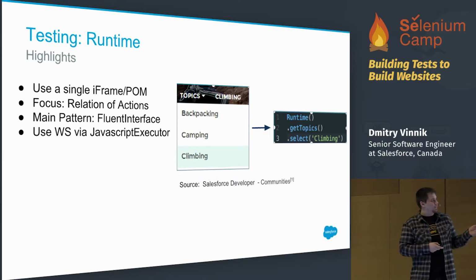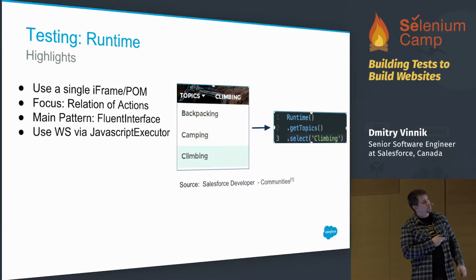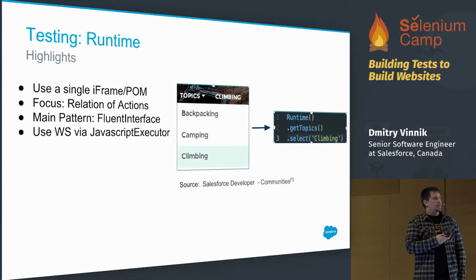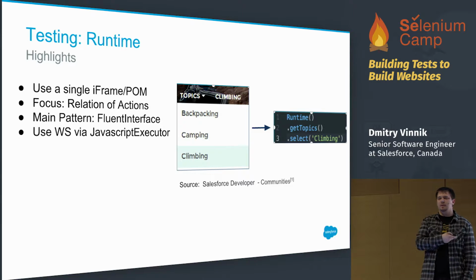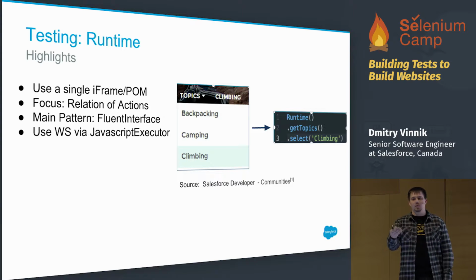To better describe it, if you've seen a few slides before, there was a website with the navigation menu. That navigation menu had the topics part on it. If I were to write the code, I first access the container, the runtime, which I'm not really interested in. It's just a container. So I access it, then I make a call, an action: get me topics.